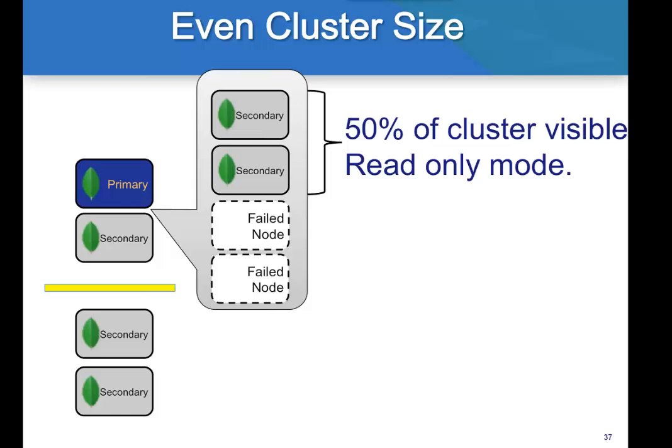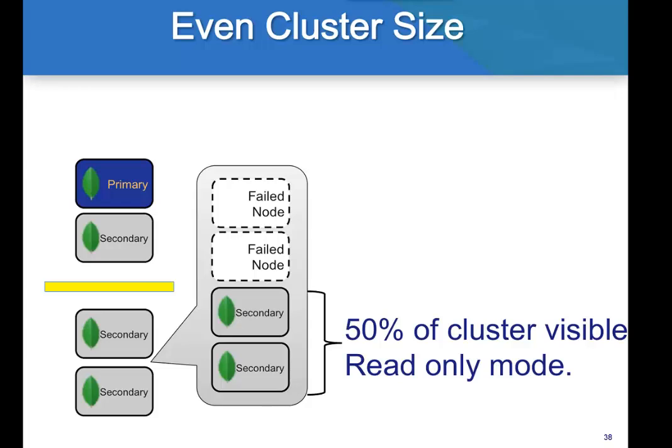So at this point, the top two nodes look and they say, oh, we can only see two votes out of the four. Two votes out of four is not a strict majority. It's only 50%. So this primary will step down, and you'll have two secondary nodes at the top. They'll both be able to do reads, but you cannot write. You can no longer write to the replica set.